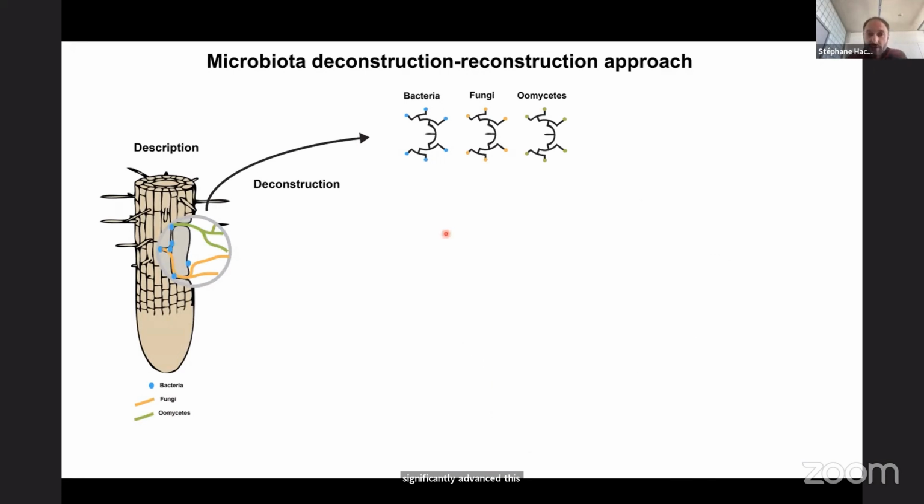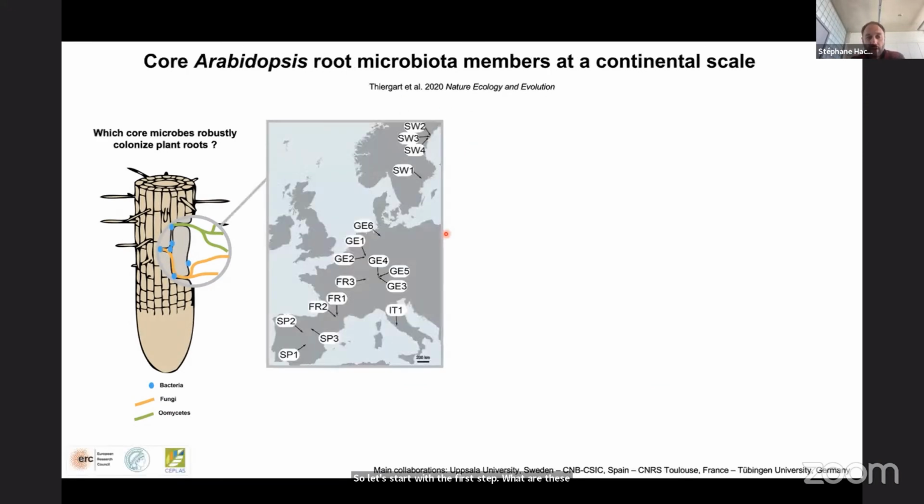So let's start with the first step. What are these microbes and to which extent can we culture them? The first question we asked back in 2014 is, what are these microbes that colonize Arabidopsis roots in its natural habitats across Europe, and whether there are some core microbes that robustly colonize plant roots irrespective of differences in soil conditions or climates?